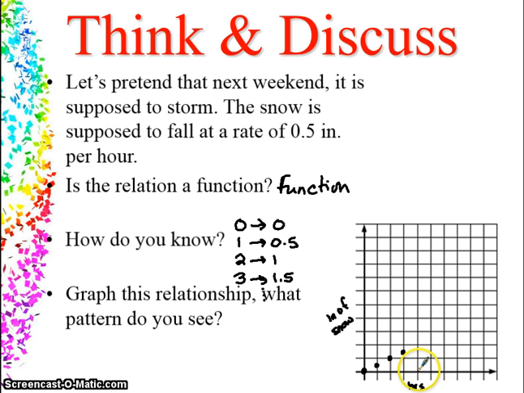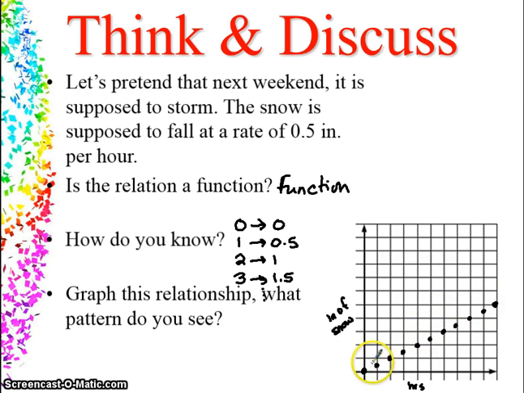And if we continue the pattern, there'd be 4 hours, 2 inches of snow. 5 hours, 2½. 6, 3, 7, 3½, 8, 4, 9, 4½, 10, 5, and we could continue.